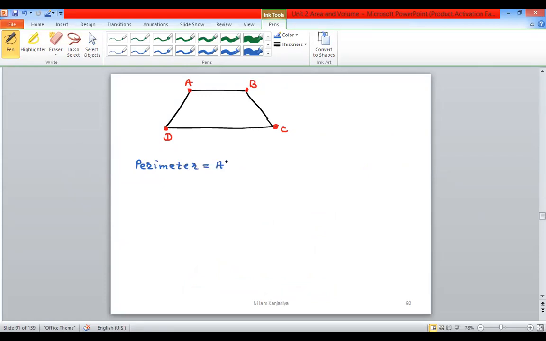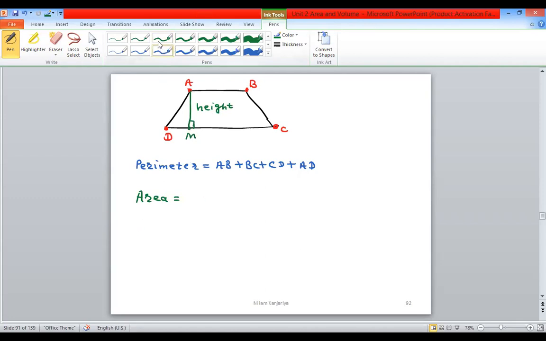Perimeter is the sum of all sides: AB plus BC plus CD and AD. But for the area, first of all, you can draw one perpendicular. It's called the height, and you can put the point anywhere, it's the same.